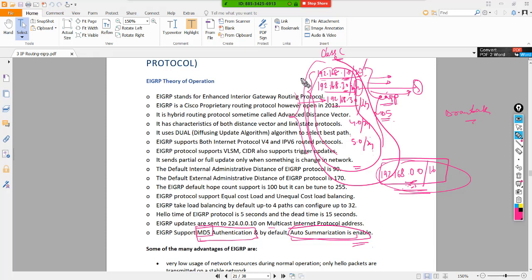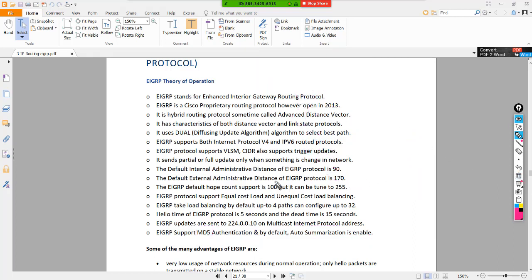How will you know that the servers belonging to 1.0 are having some issue? So troubleshooting becomes a little problematic. But from the point of view of overhead on the devices, since you are not processing individual networks between R1 and R2, it is going to help by reducing the overhead on the devices.